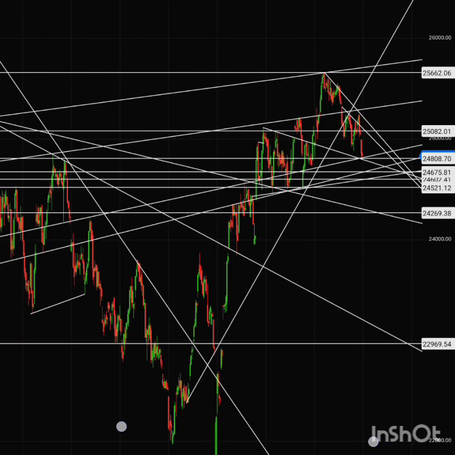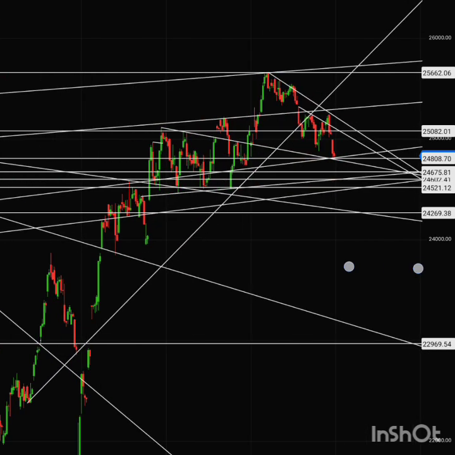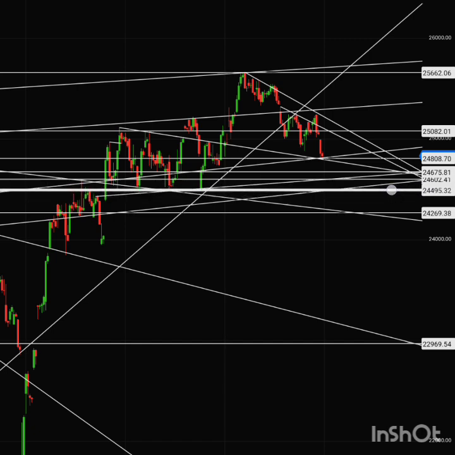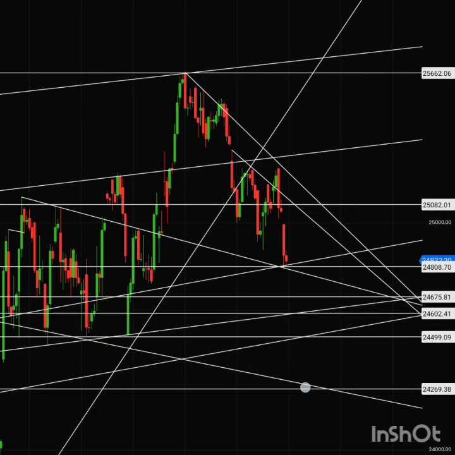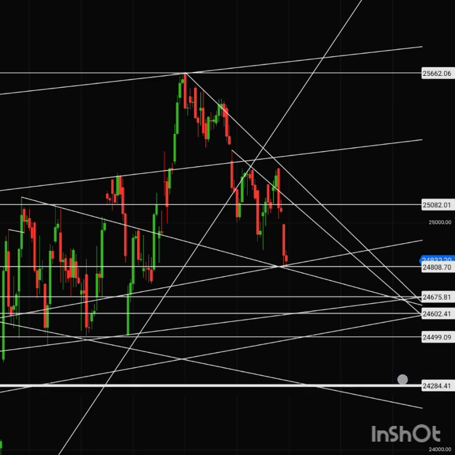And if you move downwards, it will come around 24,500 to 24,522 range. If this one does not hold, then we will have a downside movement this way up to 24,260 to 280 range. I am expecting a little strong support here, the 24,500 to 520 range.